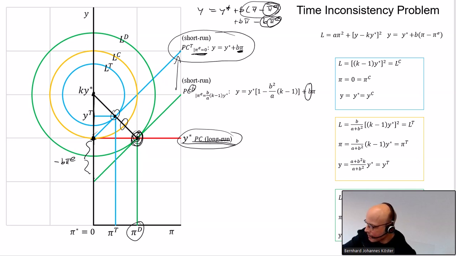And then we can ask ourselves, how can we overcome this problem that due to rational expectations we have an outcome of larger losses?